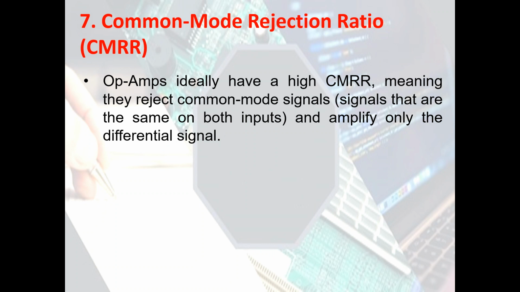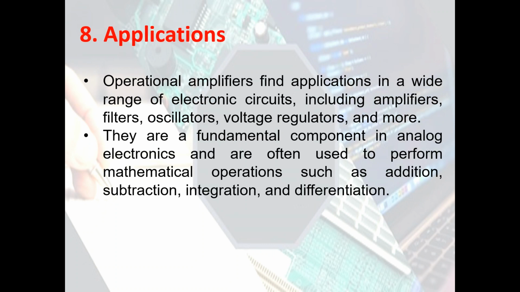In summary, the common mode rejection ratio is a crucial parameter for amplifiers in applications where common mode noise rejection is essential. A higher CMRR value indicates better performance in rejecting unwanted common mode signals, contributing to improved signal fidelity and accuracy in differential amplification applications.